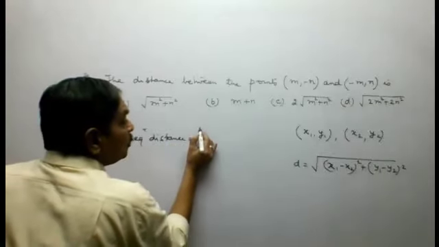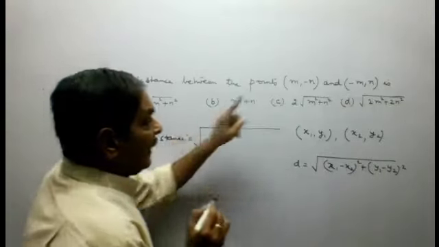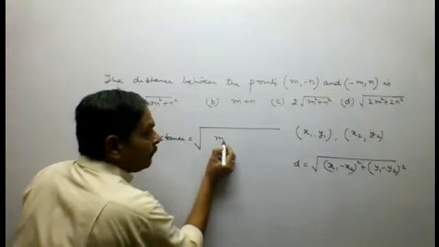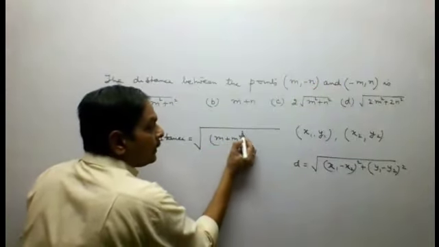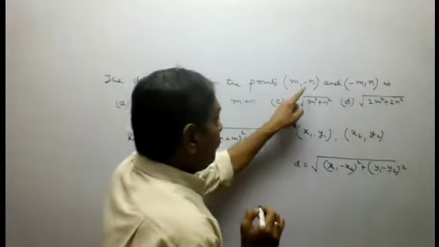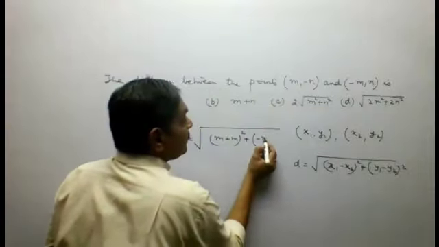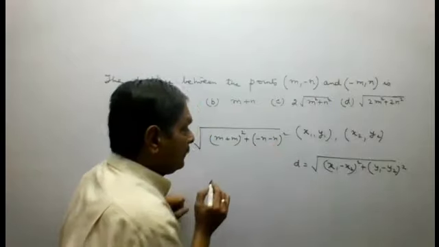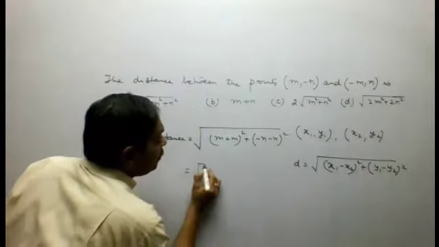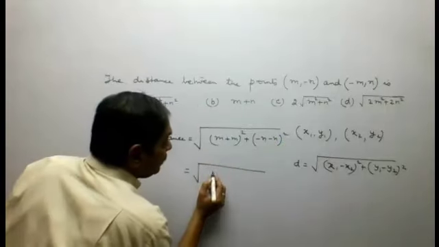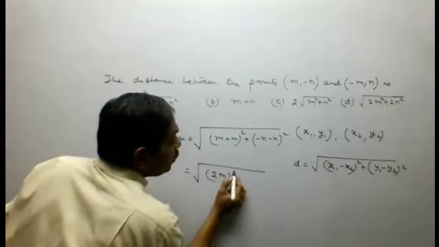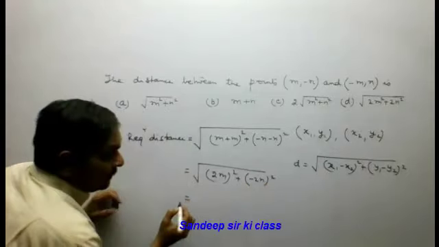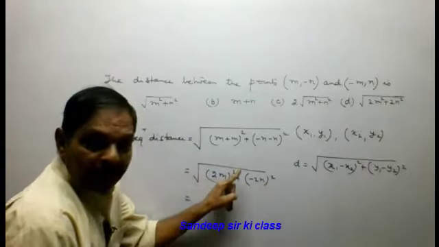So applying this formula here, the required distance will be equal to under root m minus minus m. So it will be m plus m whole square plus minus n minus n whole square. This gives us under root 2m whole square plus minus 2n whole square. This gives me 4m square.